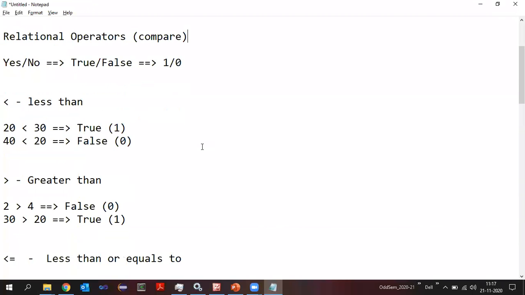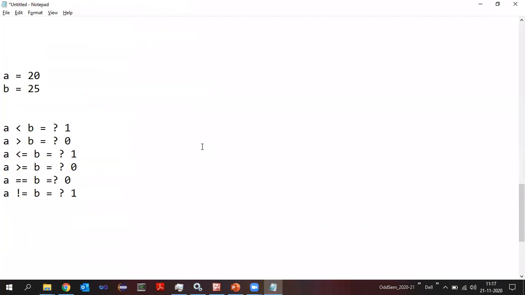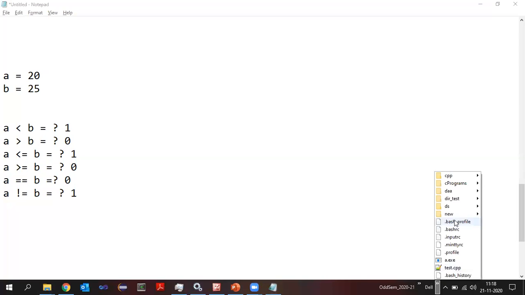Okay, then shall we try out a simple program and see whether we get these values 1, 0, 1, 0 or whatever. Let us see this one. Let me open the terminal and show you. Arithmetic operators we have already seen.